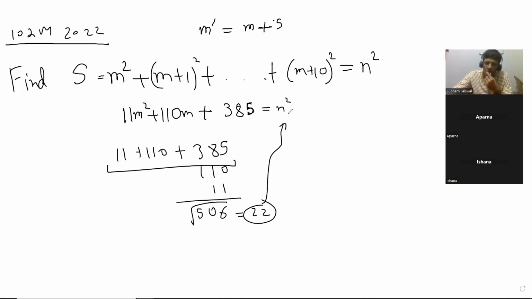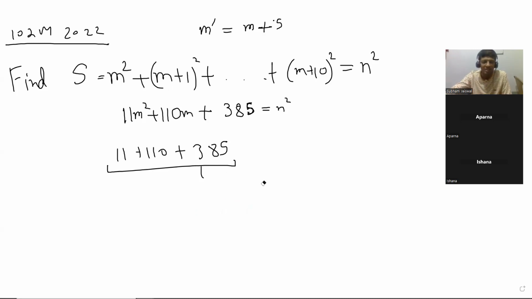So n square minus 385 must be a multiple of 11. Yeah, that is because of this thing. Sir, after that I couldn't solve it. Yeah, so that's mostly just ad hoc. There's not some theory.